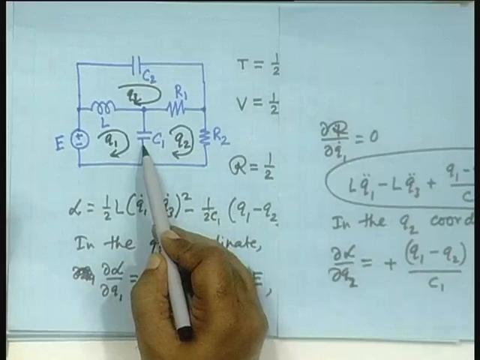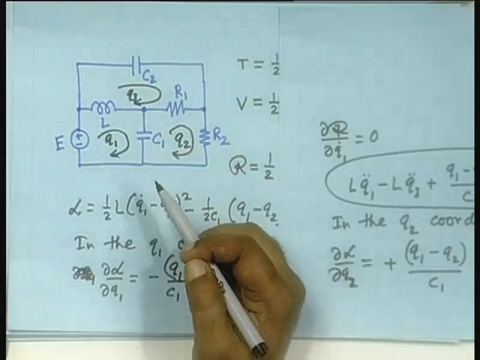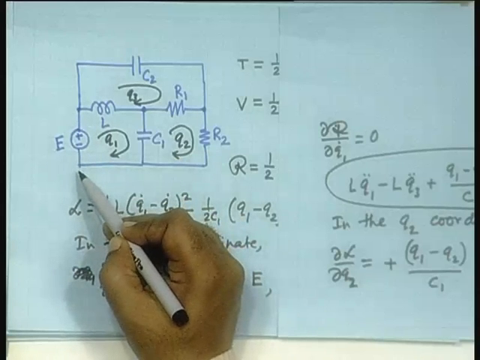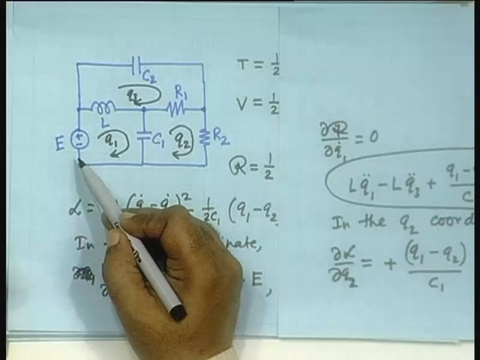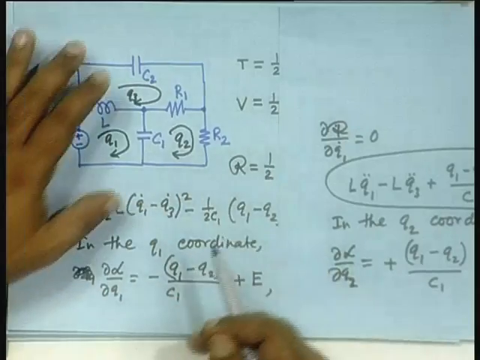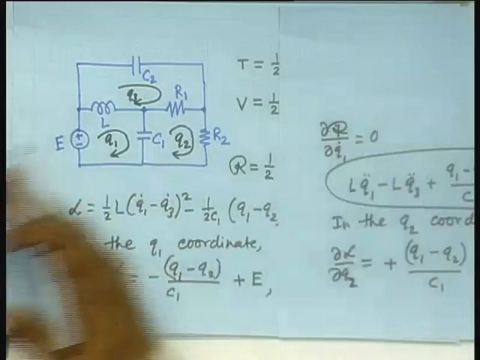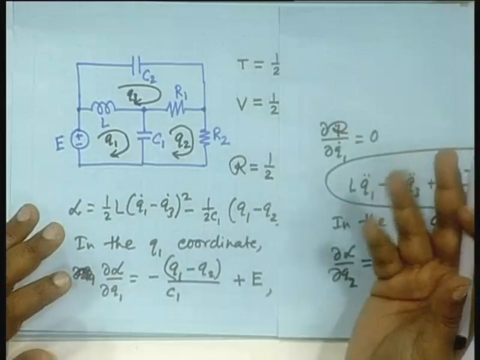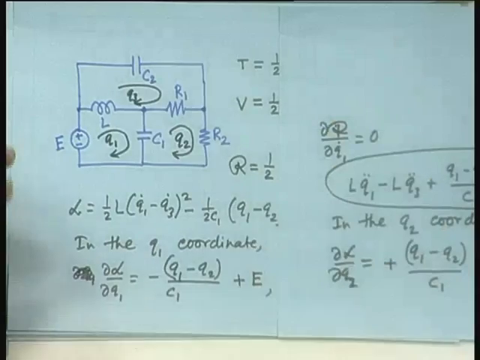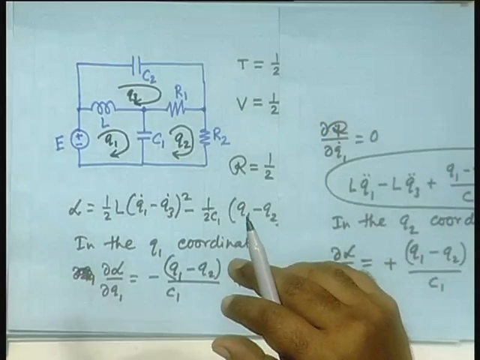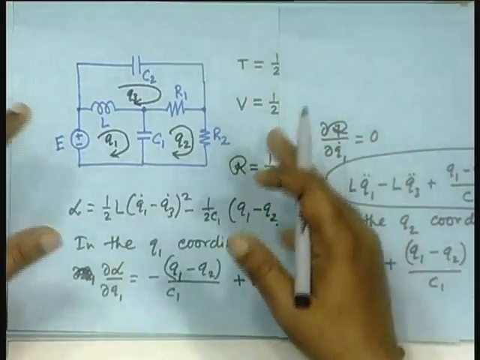Here is the voltage across the capacitor Q by C, and here is the E. So, this is nothing but the KVL, right, which means though we have not derived the Lagrangian equation using the Kirchhoff's laws, it is actually consistent with the Kirchhoff's laws. So, when we obtain a set of differential equations, we can also start from the Kirchhoff's laws and do it, no problem, and you will not be forced to do it this way.